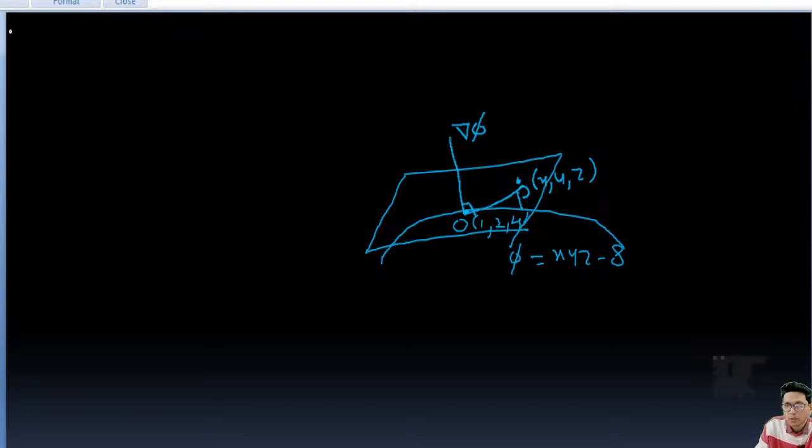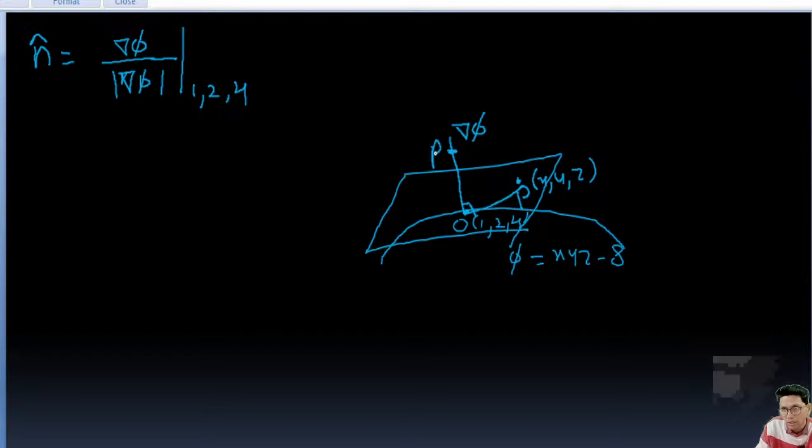Now we'll find the unit normal vector to the level surface, that is gradient of phi upon mod of gradient at point (1, 2, 4). Suppose this is vector OR.